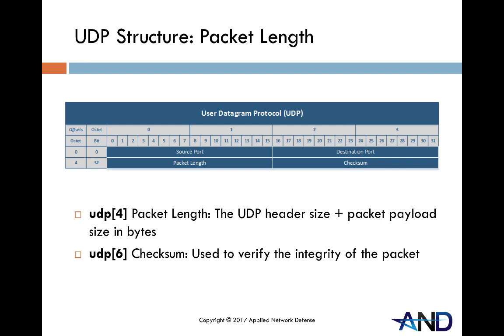I won't get into the mechanism in too much detail here because it doesn't really matter for our purposes, but this checksum field works very similarly to an IP checksum, in that it takes a few specific fields from both the UDP header and, in this case, the IP header that is along with it, and it chooses those fields, groups them into 16-bit groups, inverts those bits, adds them together, and that's where you get your checksum, which is a 2-byte field.